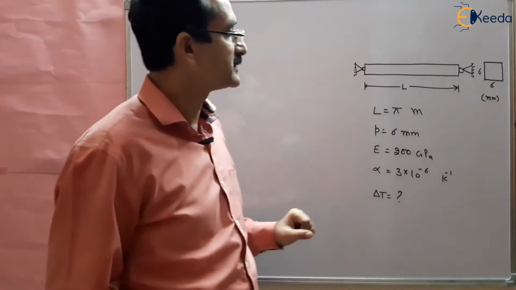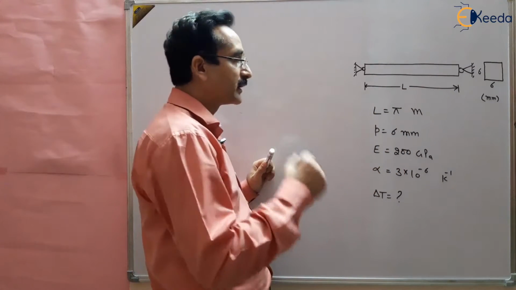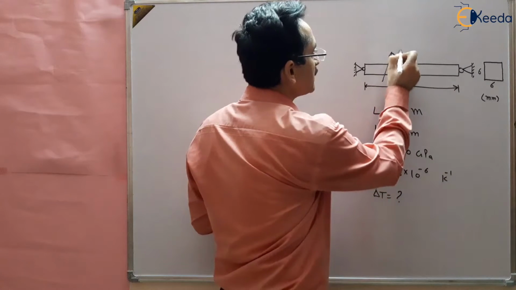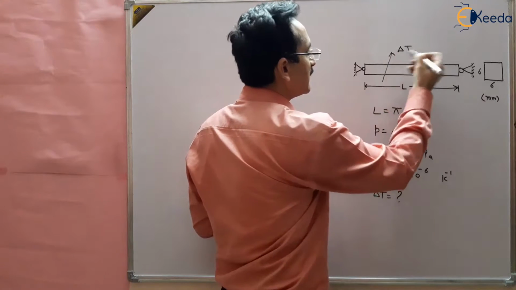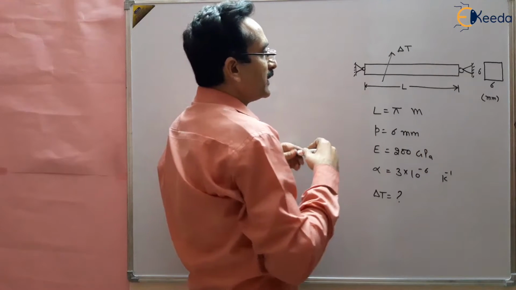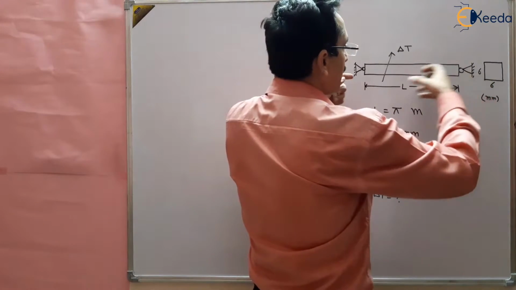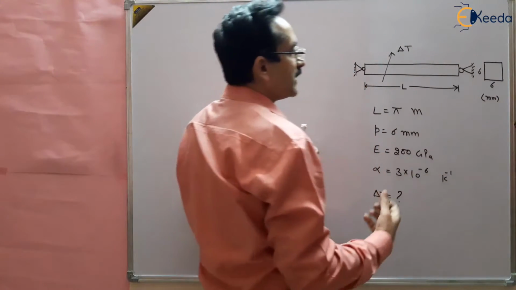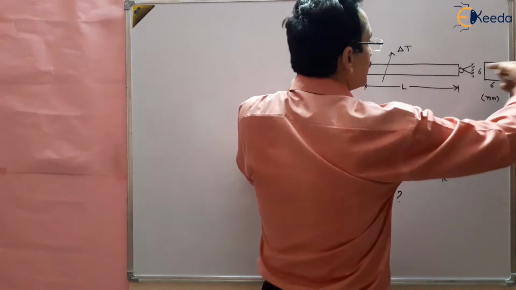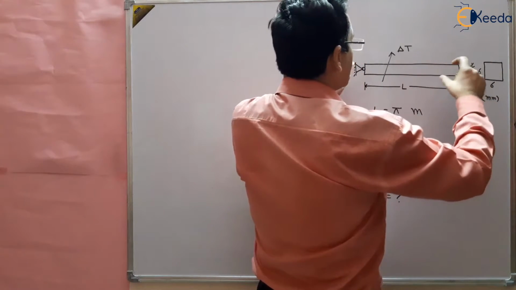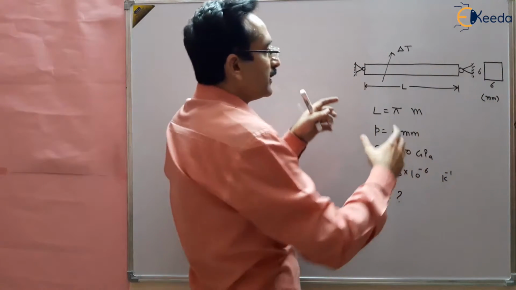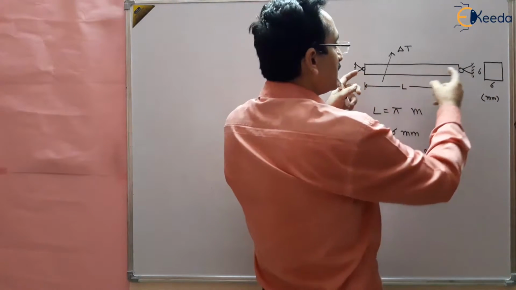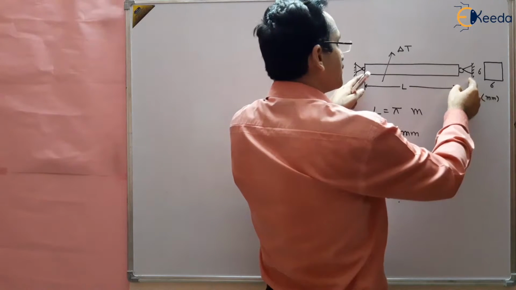So in this case, when we raise the temperature of this material, say the temperature of the material rises by delta T degree centigrade, what happens is, because this is a pin joint, it cannot expand freely. If it does not expand freely, it means that there is a virtual load acting from outside which is keeping the length the same, right? The extension is taking place, but this extension is restricted due to this pin joint.